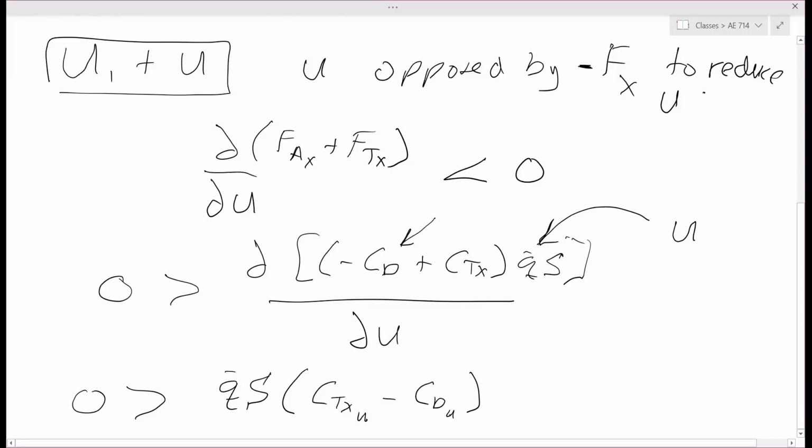So by the subscript u, we mean this is the derivative of CD with respect to u. And then we have to have the other part of the product. So that was the derivative of the first part. This is the derivative of the second part.